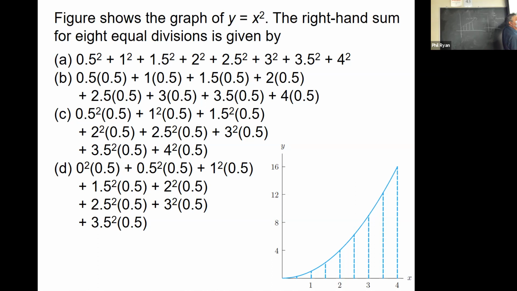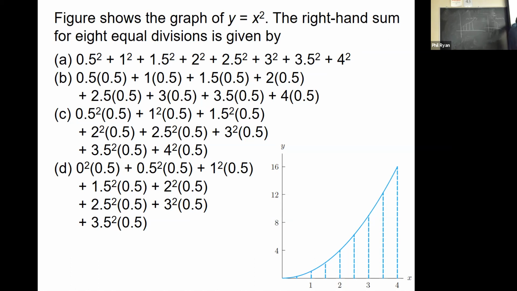Well, it can't be B, right? Because it's 0.5, 1, 1.5. That is, you're not squaring it. So it's not the heights of the rectangle. So it has to be one of C or D.